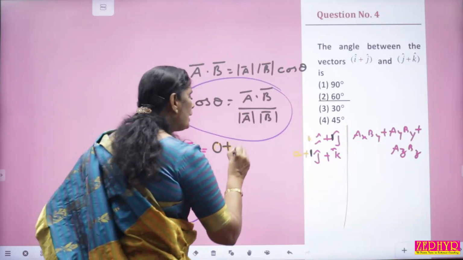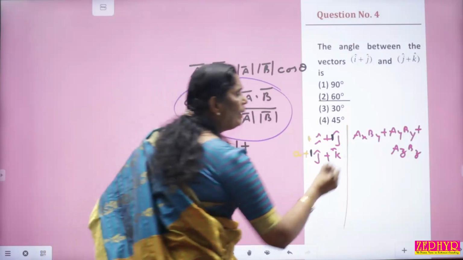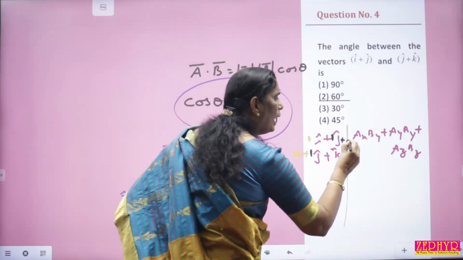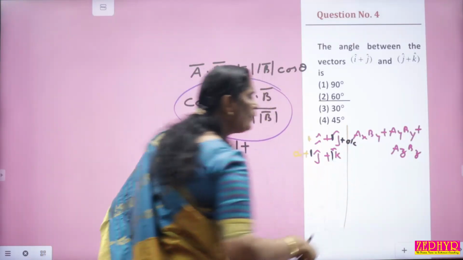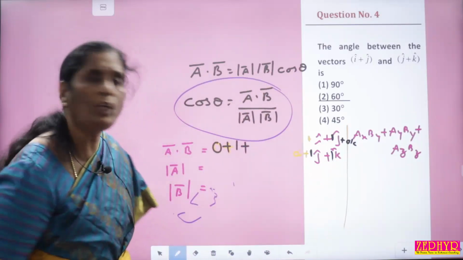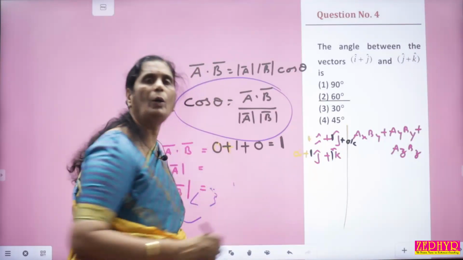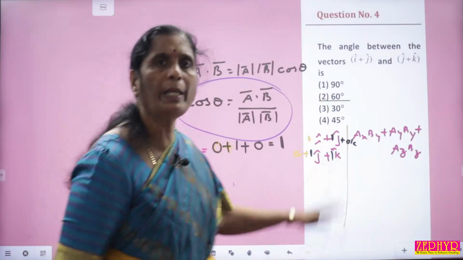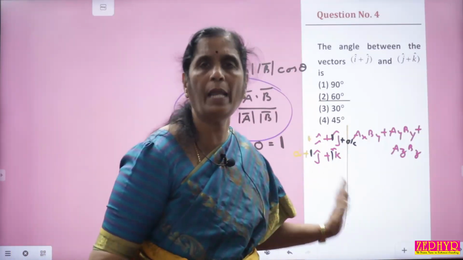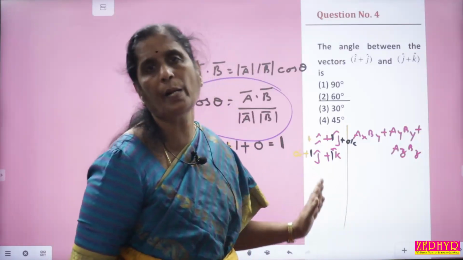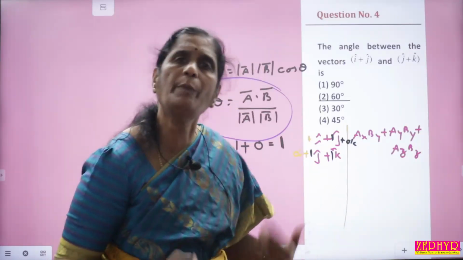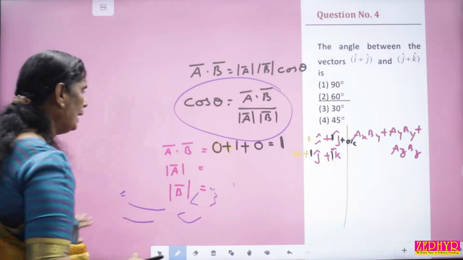So 1 into 1 is 1. The coefficient of k bar is not in the first vector, it is 0, times 1 is 0. So what is the answer? It is 1 only. Like that you have to do. Multiply the coefficients of i bar, j bar, k bar. Take the i bar coefficient and multiply by 0, and put 0.